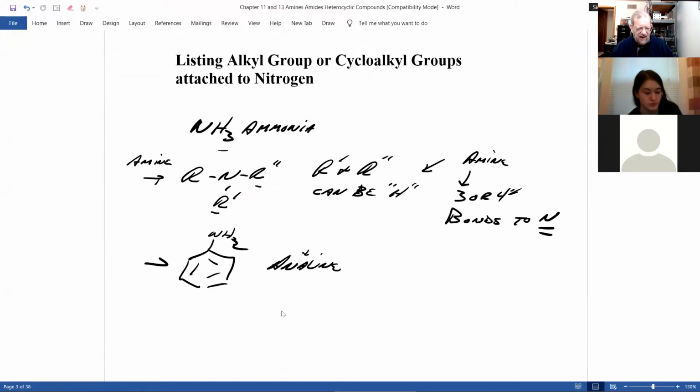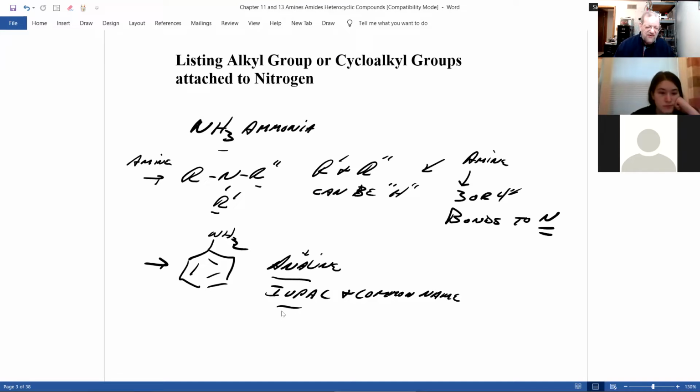All right, you should know this is, for this compound, both the IUPAC and the common name. IUPAC, like they've done before, took a long-standing common name and made it the IUPAC name. That's aniline.